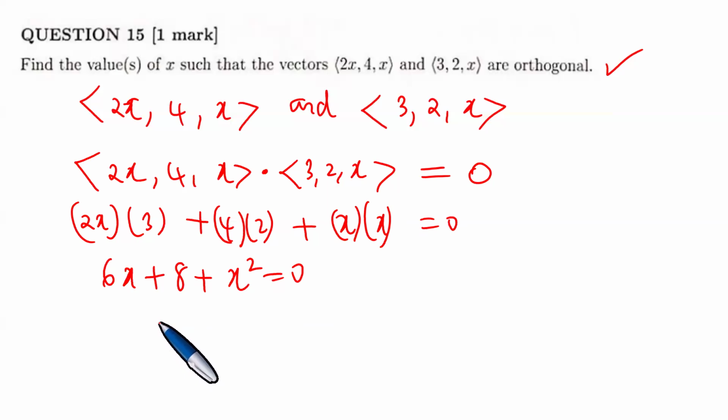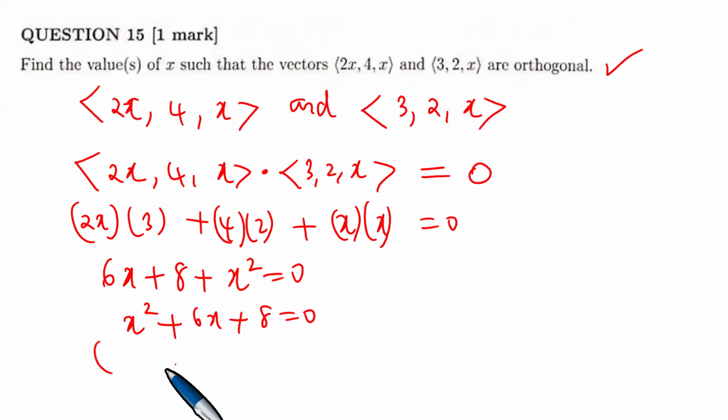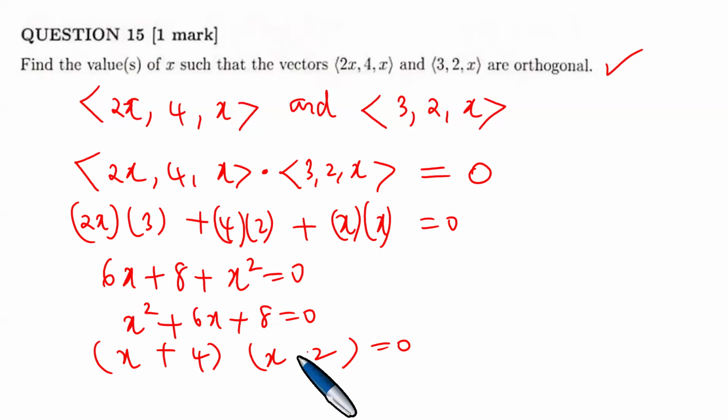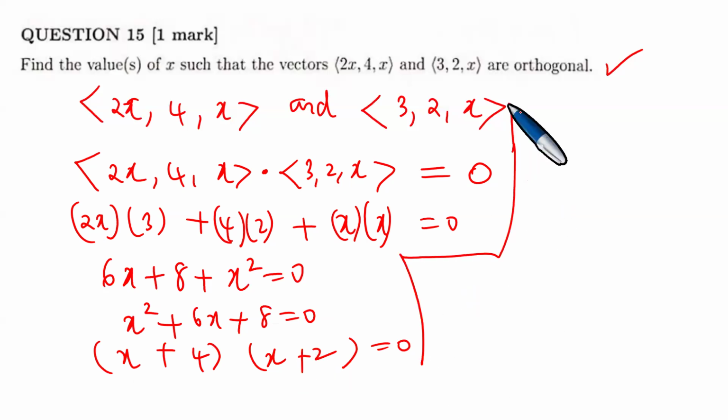You then have exactly the following. You want to solve for x, so this is actually x squared plus 6x plus 8 equals 0. The factors of x squared are x, and the factors of 8 are 4 together with 2, whose summation is exactly 6.